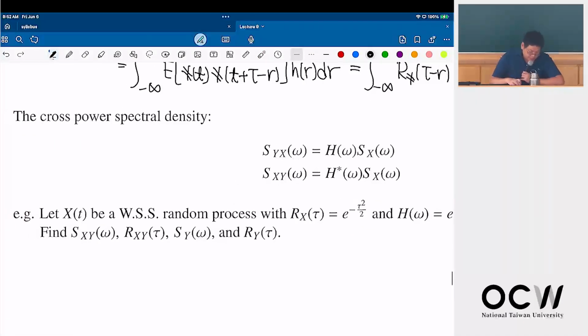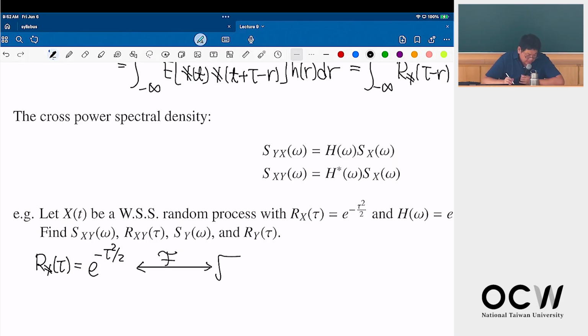So if the autocorrelation is e to the minus tau squared over 2, then when you take the Fourier transform, you'll get square root of 2 pi times e to the minus omega squared over 2.